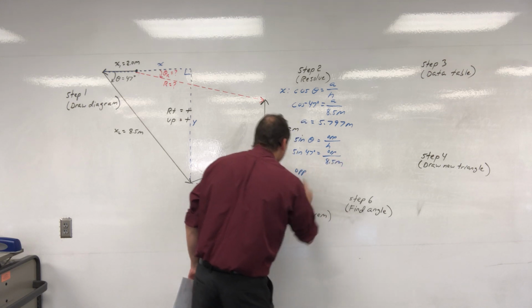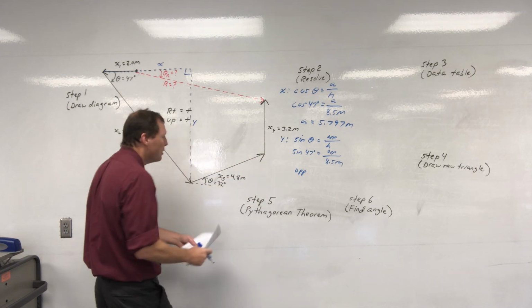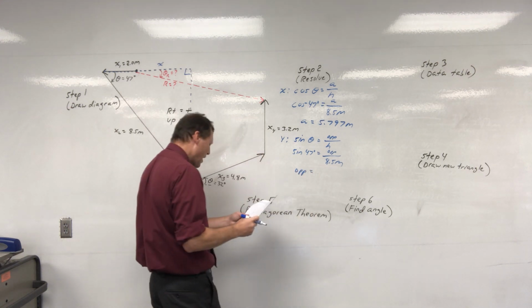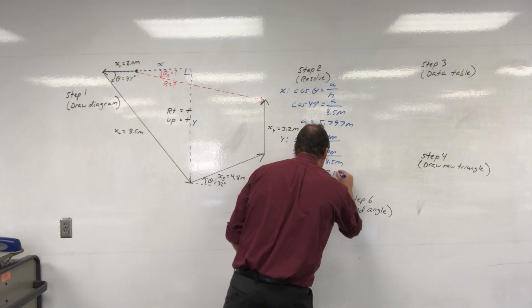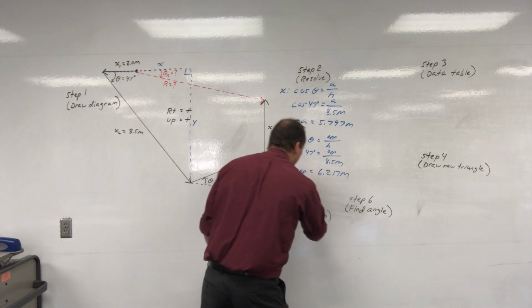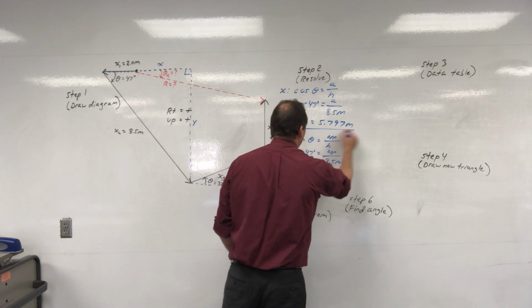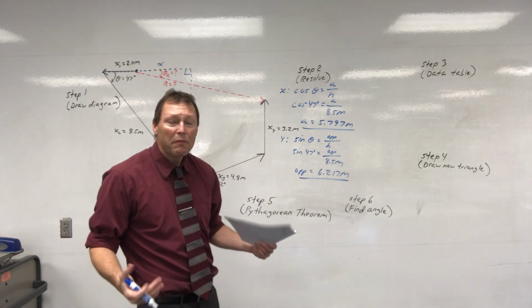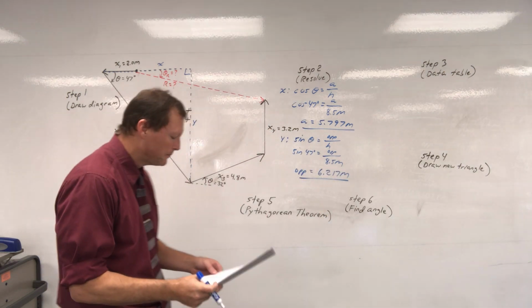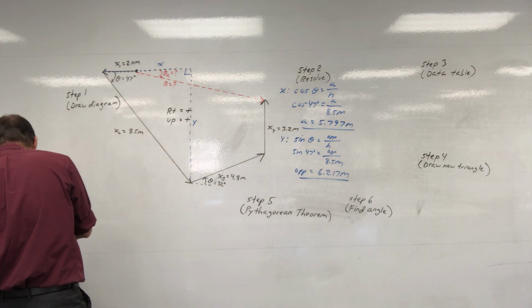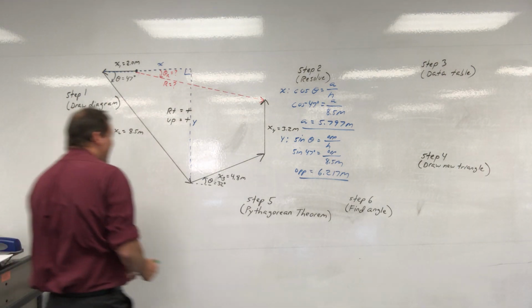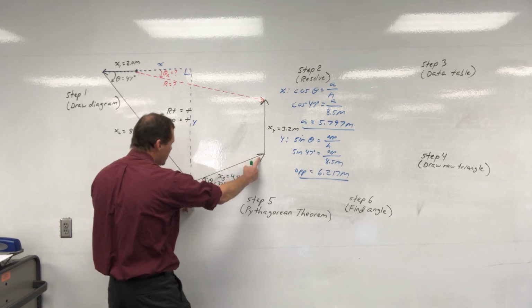And the opposite side, which is my y component, is going to work out to be 6.217 meters. And I'm going to underline that, and I'm going to underline that. That's important information. I'm going to use that later. All right, let's go ahead and do this for our next vector, which is this one right here.